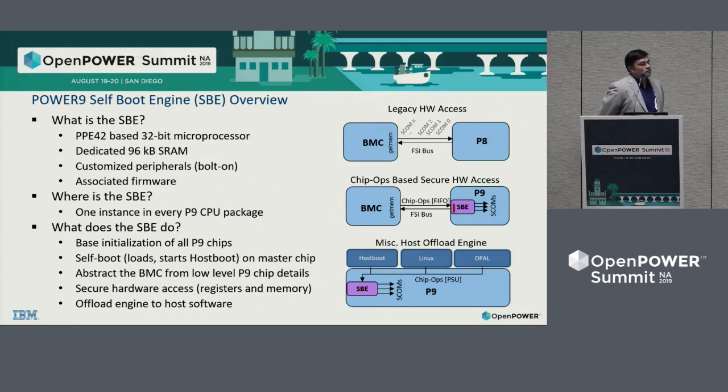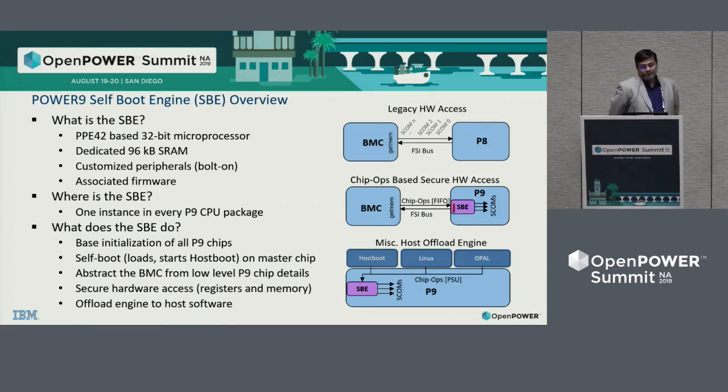As a baby step in the OpenPOWER strategy, we wanted to abstract the BMC from the nitty-gritties of the hardware. So that's when the self-boot engine was first pioneered in Power 8 as a baby step, and then Power 9 really took off.